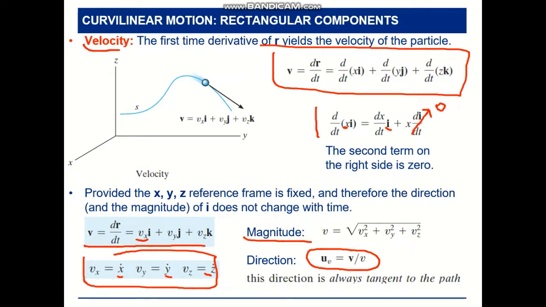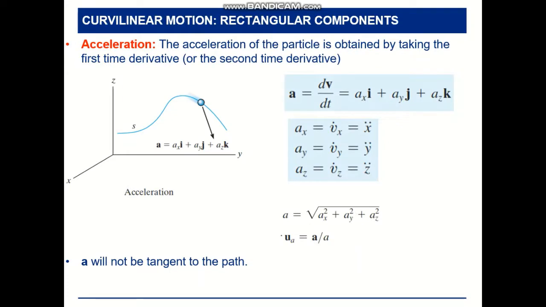This direction is always tangent to the path. If this is the path and you take the derivative, it is going to be tangent to the curve, so that's why we say the direction is always tangent to the path. Lastly, we will analyze the acceleration in rectangular coordinates.